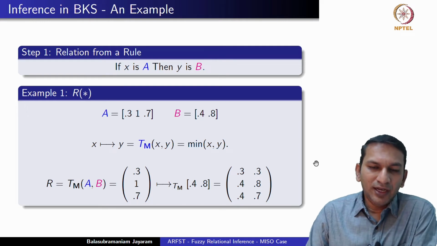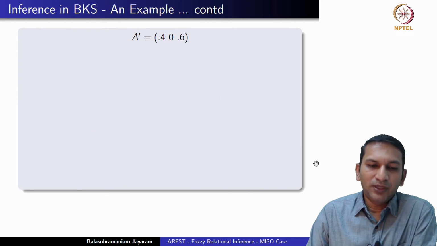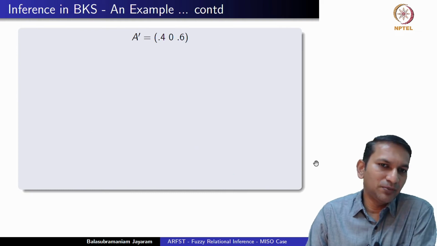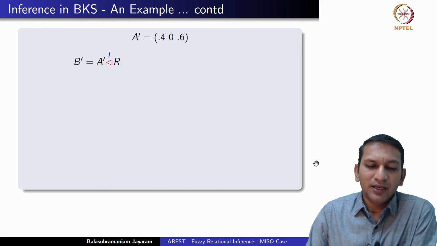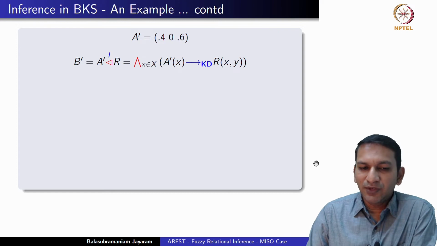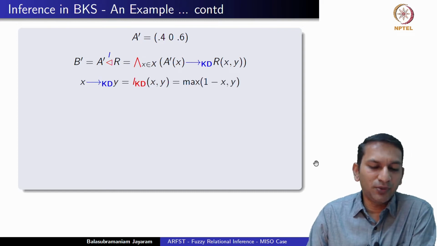Now, the relation itself was obtained using the T0, but the composition is the inf-phi composition because we are in the regime of BKS inference, Bandler-Kohout subproduct inference. And for the implication here, we have used the Kleene-Dienes implication, which has given us max of 1 minus x, y.